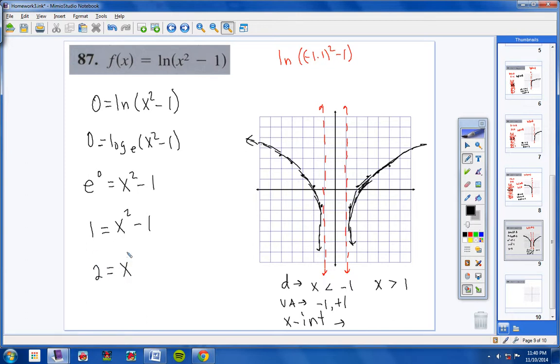And then take the square root of both sides. So plus minus square root of 2 equals x. So there's your x-intercepts. Your x-intercepts would be at square root of 2 and negative square root of 2. So there we go. All right, moving on to the last one.